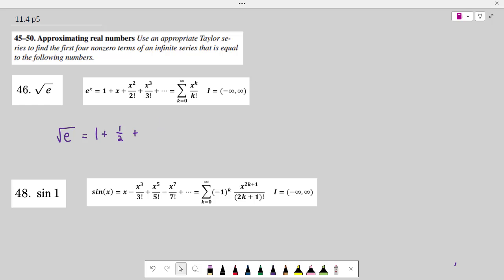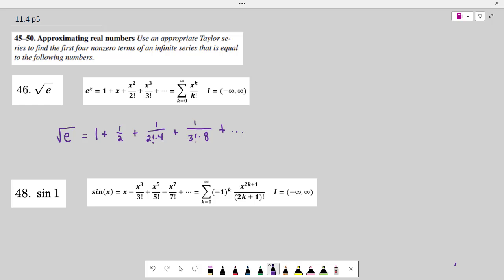Let's put that in the denominator, so 1 over 2 factorial times 4. Here, same thing, put in the half, so we're going to get 1/8. So an 8 in the denominator, plus etc. So that's an infinite series representation of square root of e.